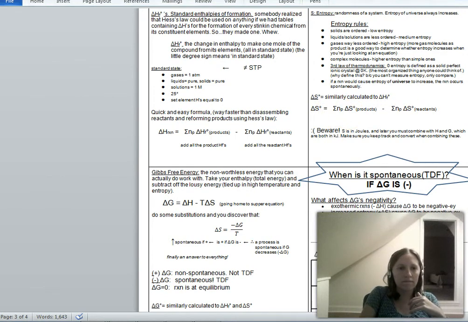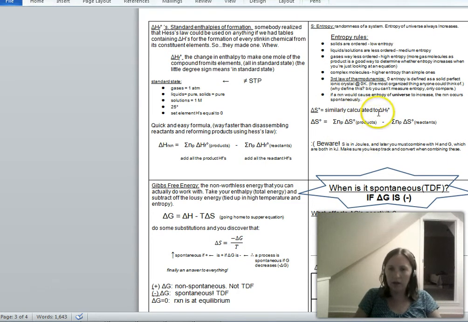I will go and do one of those questions, question 2 on the back of these notes, instead of waiting until later. One thing to be aware of: in the textbook, the values for the standard enthalpies of formation are in kilojoules per mole. The values for entropy are pretty small, and so they have them in joules, not in kilojoules. So entropy values are in joules per mole degree Kelvin.